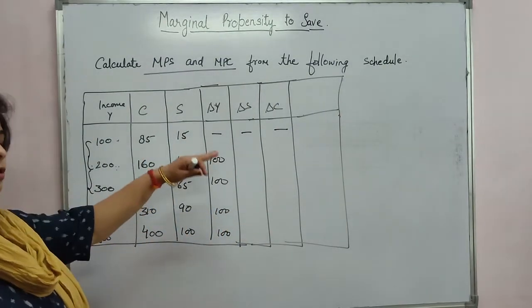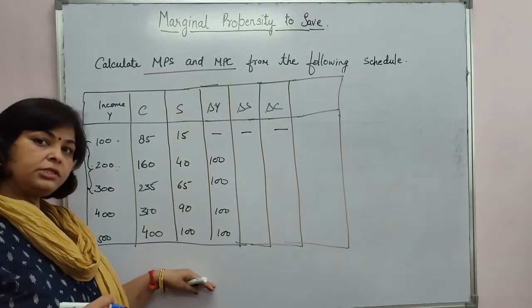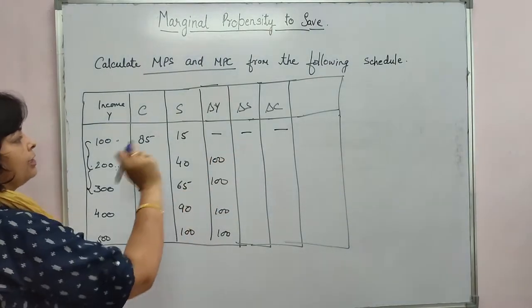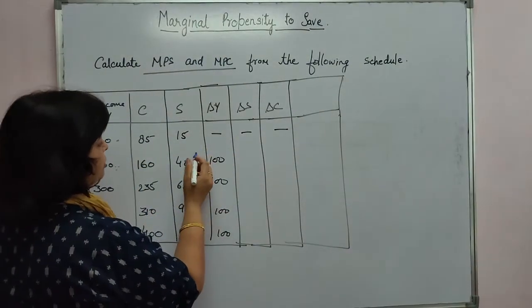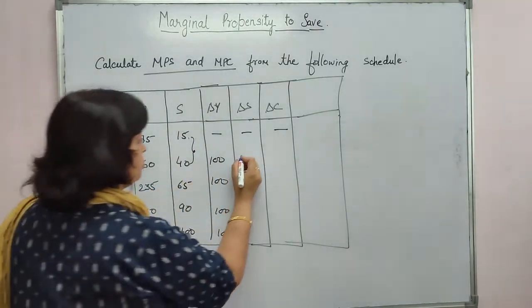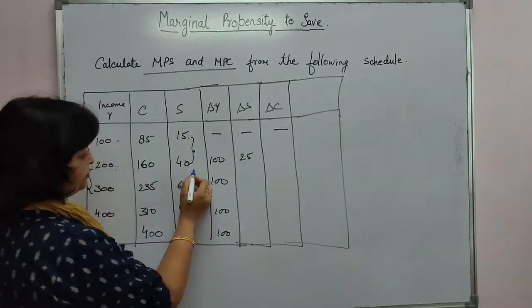So at all levels of income, the change in income is the same, it is constant, that is 100. Now we will calculate the value of delta C. 40 minus 15 is equal to 25.